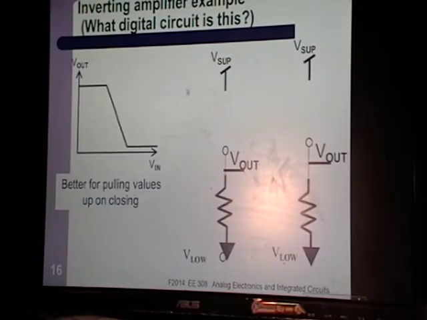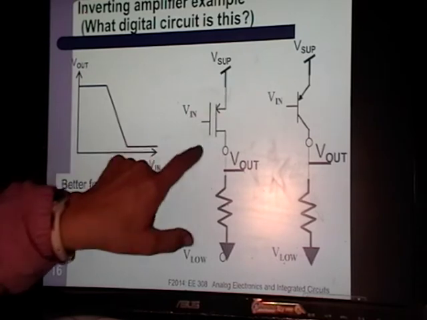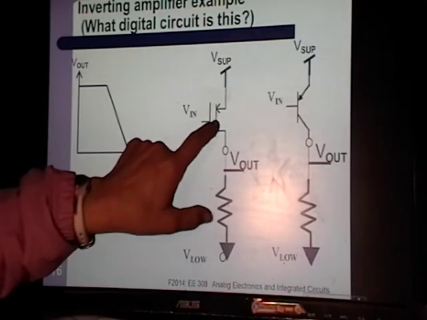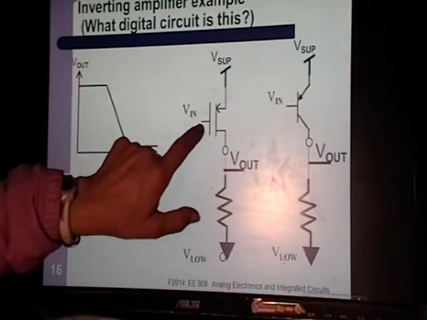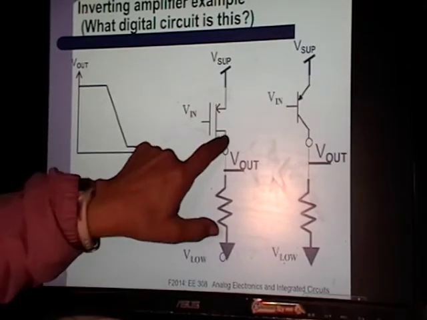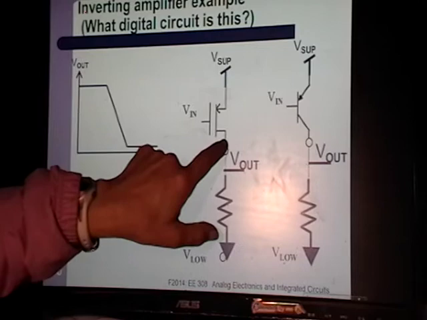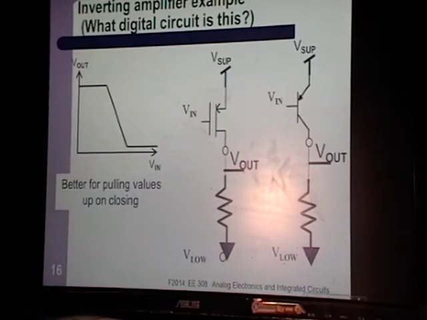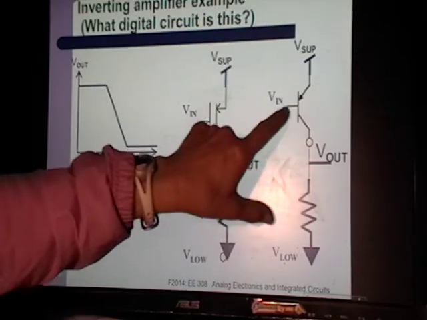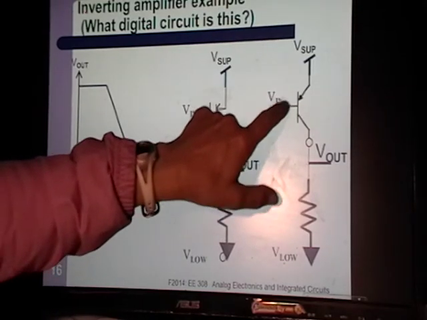Okay, and so you say, well, what is this one called? Let's figure this out. Here's 3 terminals again, but it's a PMOS now. Okay, gate, cross out because it's V in, drain, cross out because it's the output. What's left? The source. So this is also a common source. What about the PNP? You look at the input.